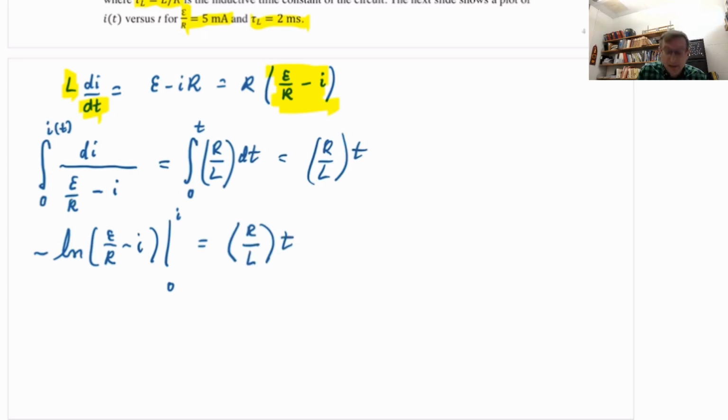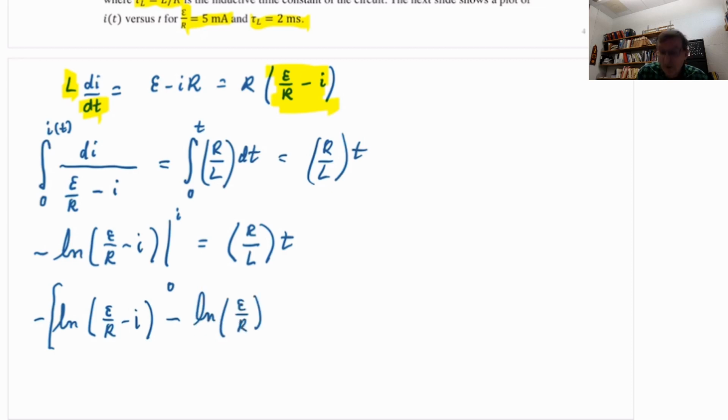Okay? And now let's put in the limits on the left. Let me factor a negative out front. Natural log of E over R minus I minus natural log of E over R. Let me take that negative sign on the left and put it on the right.